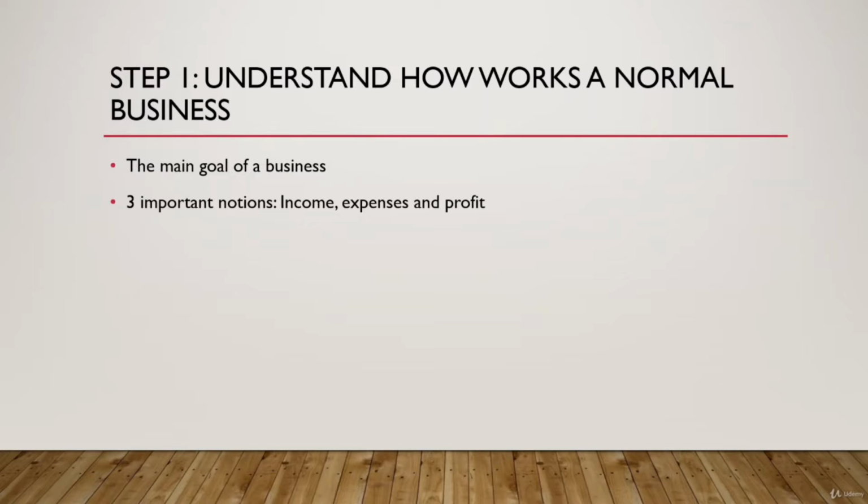People come inside the store, people buy the products, and the store makes money. So basically the store makes an income. You see there the three important notions. The store is making an income while the customer comes in, buys the product, and leaves. It gives the income to the store.